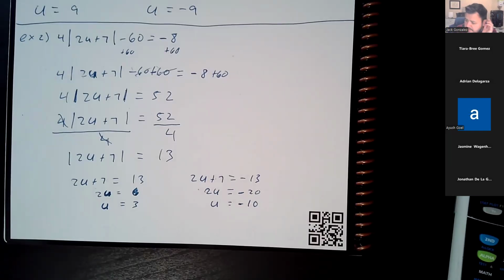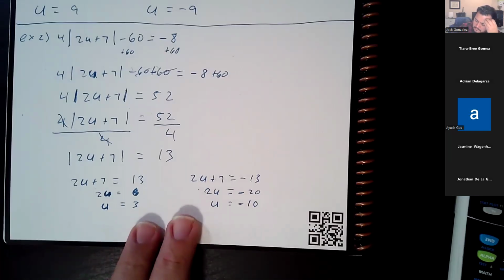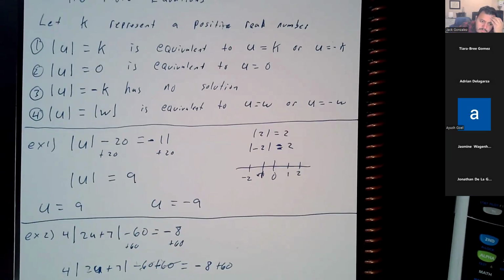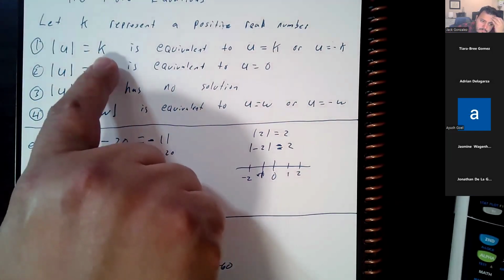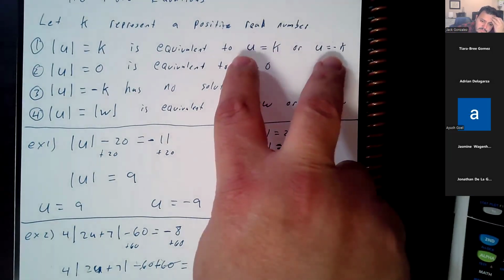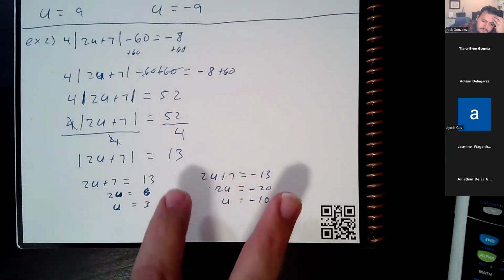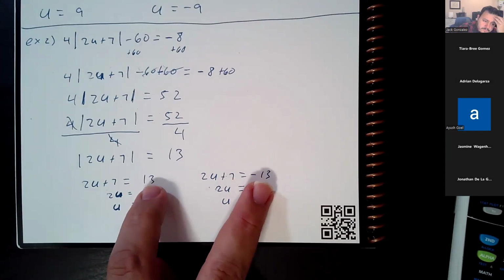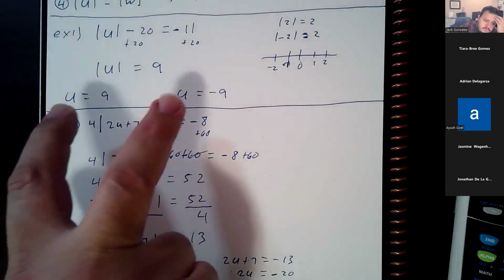Well, what do you mean, Jonathan, by same numbers? In our case, 13 is the K. So we get 13 and negative 13 as the beginning setup. But when we get there, we have to do algebra because on this one, there was nothing to do. It was already solved.